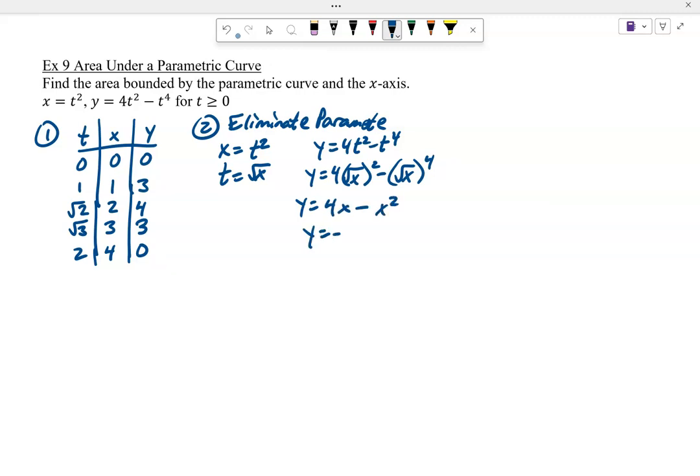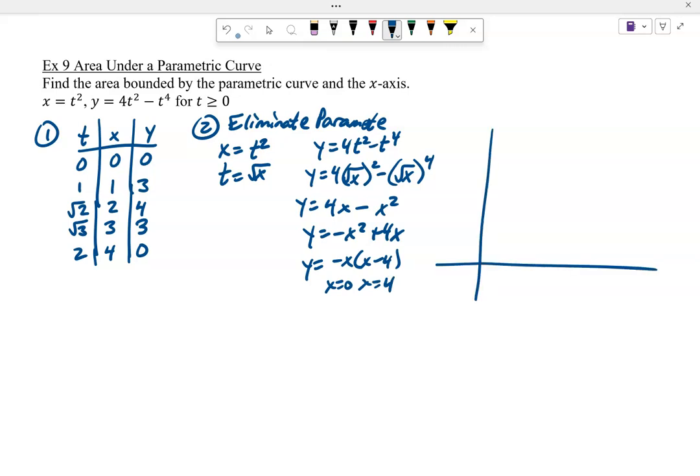In other words, negative x squared plus 4x. And so you've got your zeros. If you actually factored a negative x out, you'd have zeros at x being 0, x being 4. And we already know we have those points, 0, 0 and 4, 0, right?